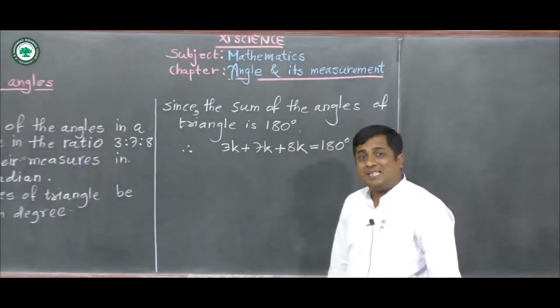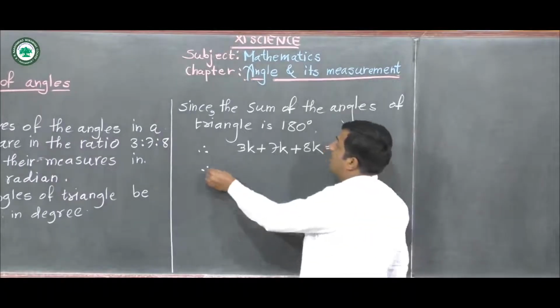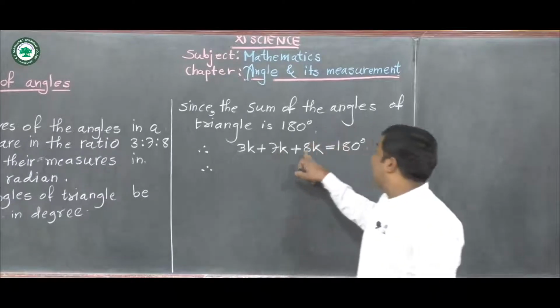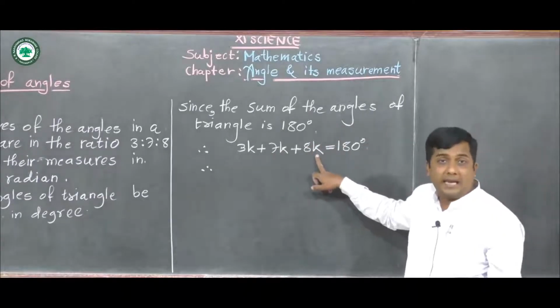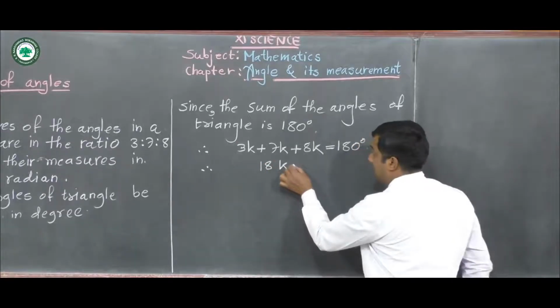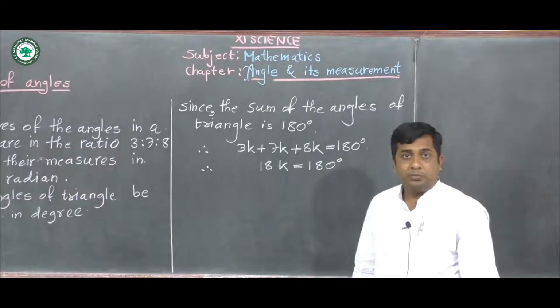Now 3k plus 7k is 10k, and 10k plus 8k is 18k. So in the LHS, 18k is equal to 180 degrees.